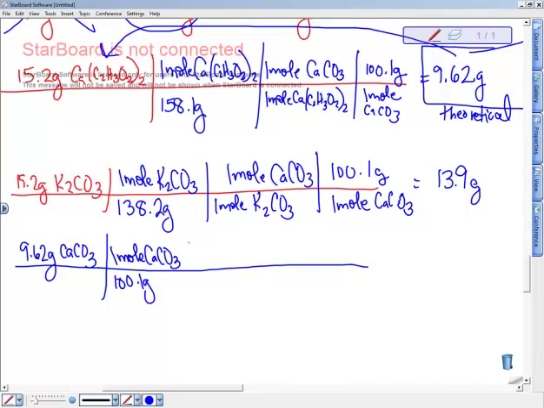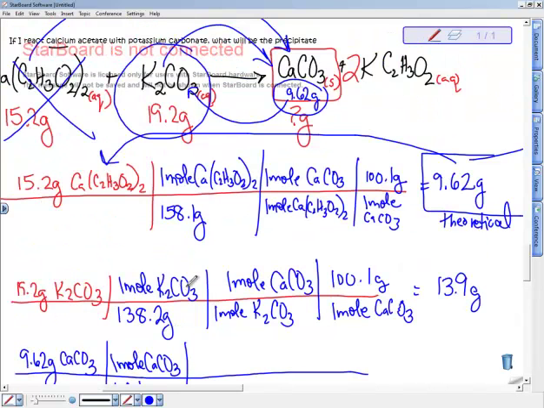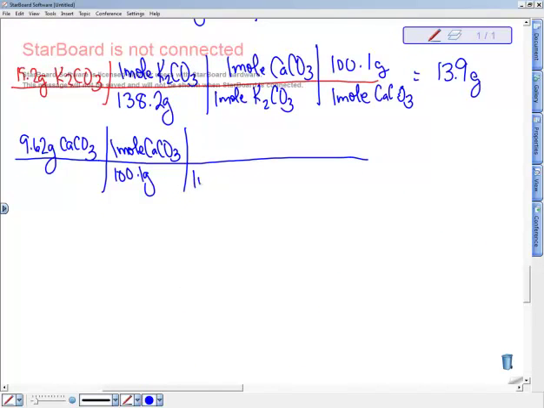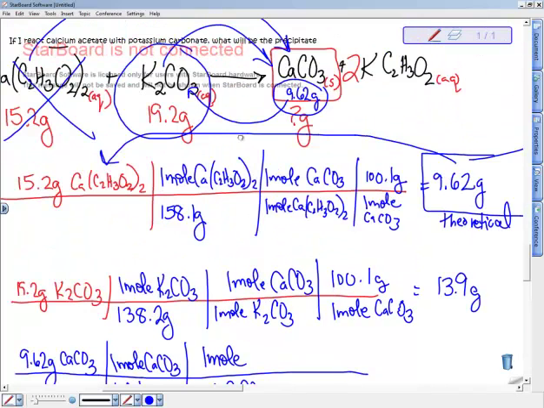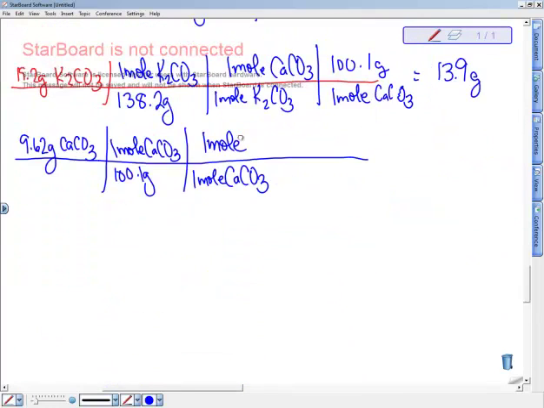All right, what's the mole ratio between these two guys? I think it's 1 to 1. For every 1 mole of precipitate, you will need 1 mole of the potassium carbonate. All right, 1 mole of K2CO3 has a molar mass of 138.2 grams.